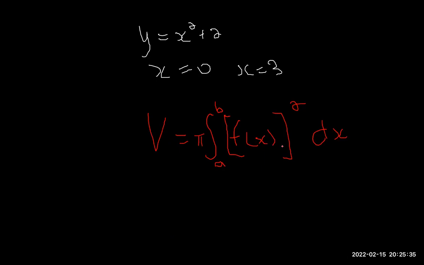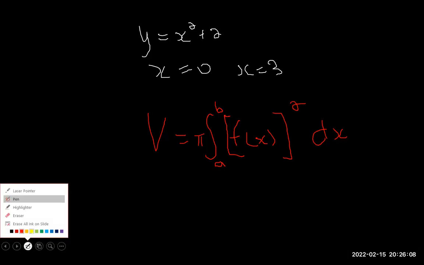So unlike the area where it was just f of x dx, for volume you need to square the equation of the curve, and you also need to include the pi here. Like I said, you just follow the formula and you're good to go. So b is 3, a is 0, and f of x, the equation of the curve, is x squared plus 2.